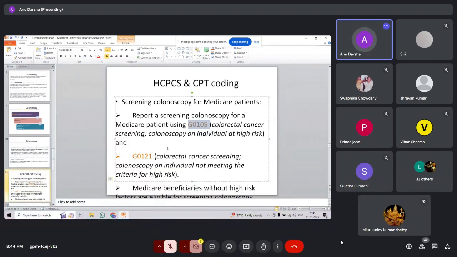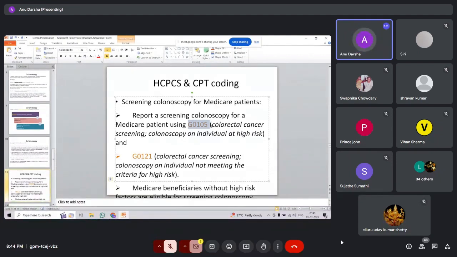No treatment was done; it was only a diagnostic procedure. They inserted the scope, examined everything, everything was fine, and they are just pulling the scope back. They have not taken any sample. Then you have to use the G codes G0105 and G0121.